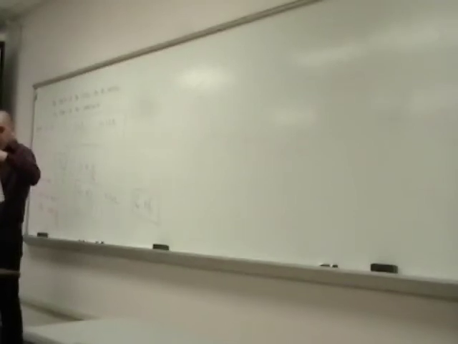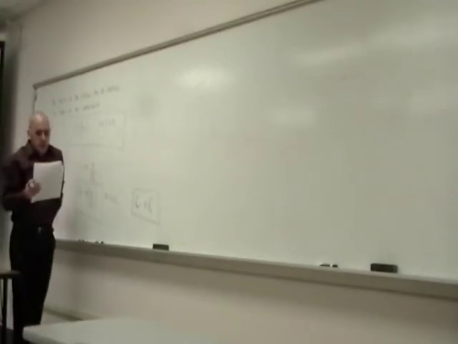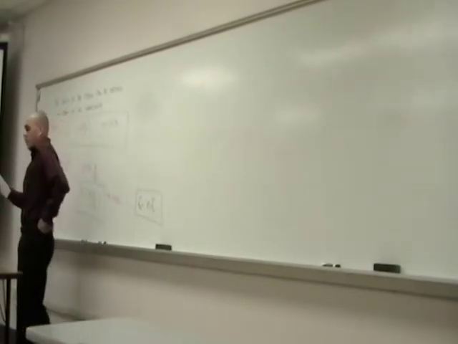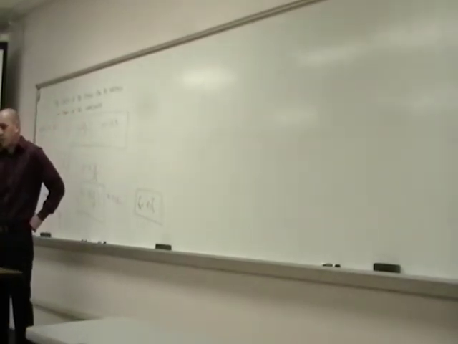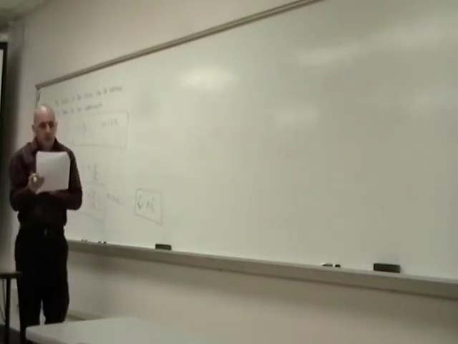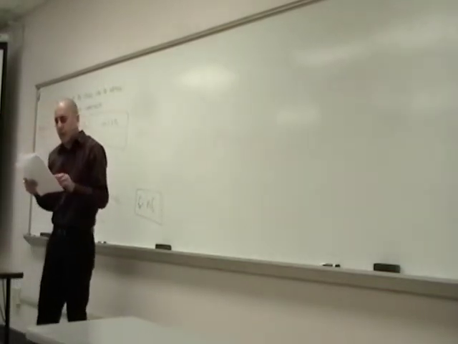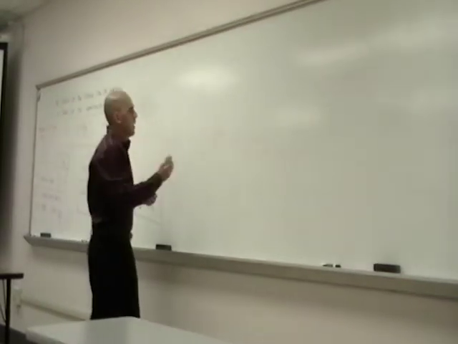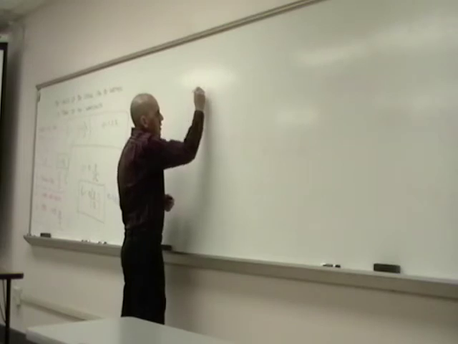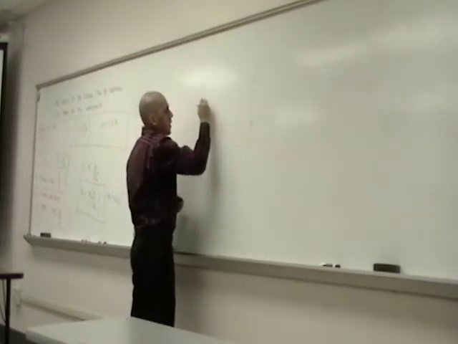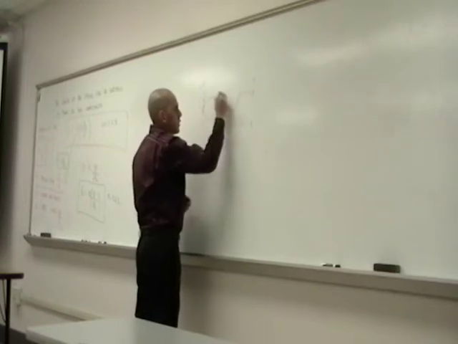So our second one on here gives you the wavelength of the third harmonic on a string, tells you it's 5 meters. Draw a sketch of that third harmonic and determine what the length of that string is. So the third harmonic will look like this.